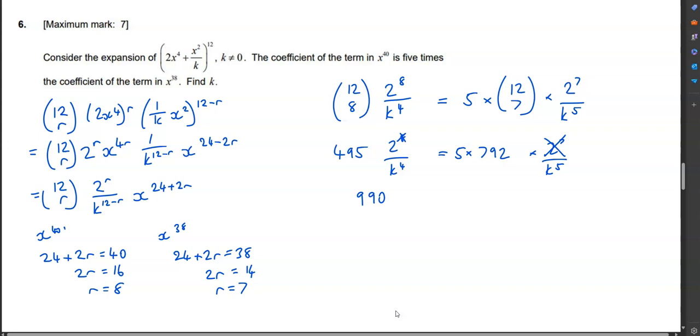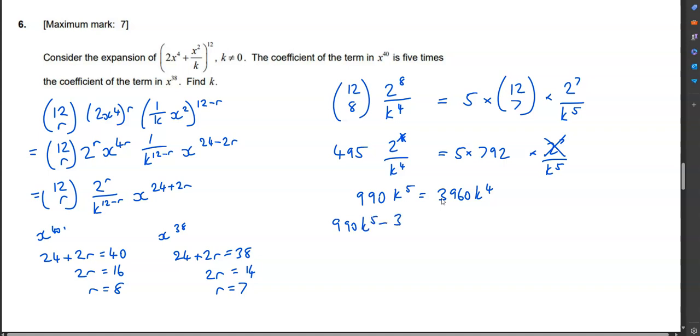We're going to cross multiply, so that's going to be 990k to the 5 equals 5 times 792, 3960k to the 4. What I've done there, to explain cross multiplying, is multiply both sides by k to the 5 and k to the 4. Possibly overkill, but whatever. Take everything to one side.